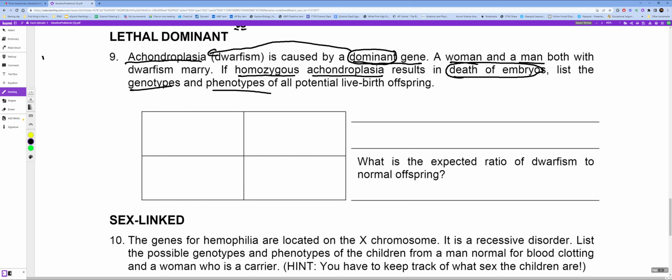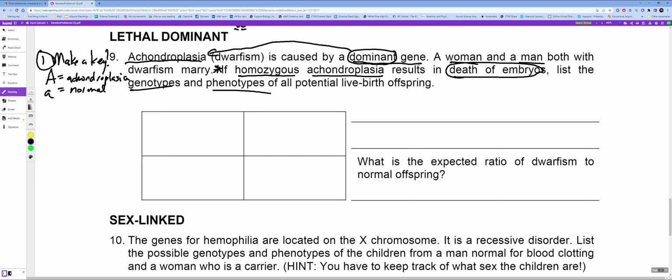Okay. Step 1. Make a key. Okay. Big A, achondroplasia, is a dominant gene. So we'll put achondroplasia, right? Little a, we'll call that normal. Okay, achondroplasia, normal, we've got it. Now, a key phrase here, I'm going to put a star by this: homozygous achondroplasia results in the death of embryos.